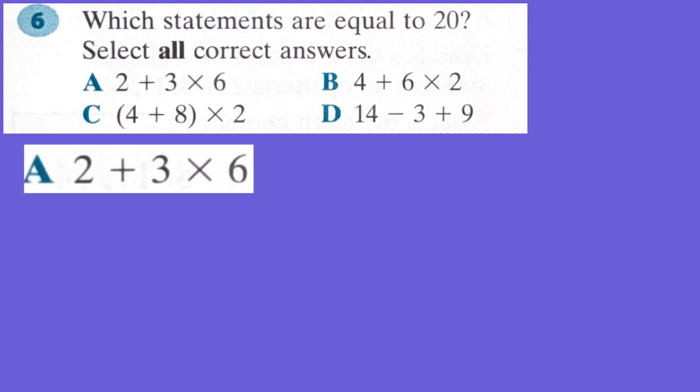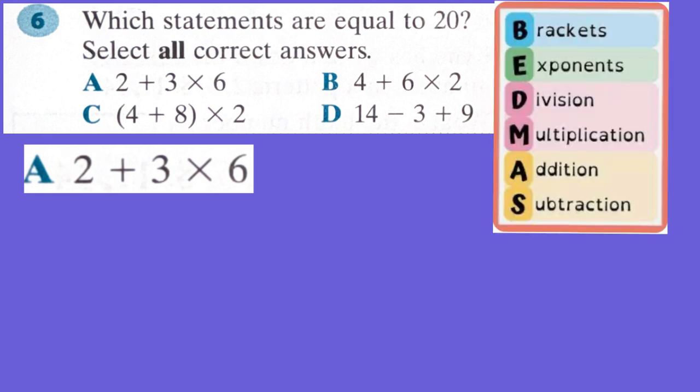We see a 2 plus 3 multiplied by 6. And if you look at this table, it'll tell us which operations come first, all the way from brackets, exponents, division, multiplication, addition, and subtraction. Now the operations we have are a plus and a times. We look at this and we see that multiplication trumps addition.